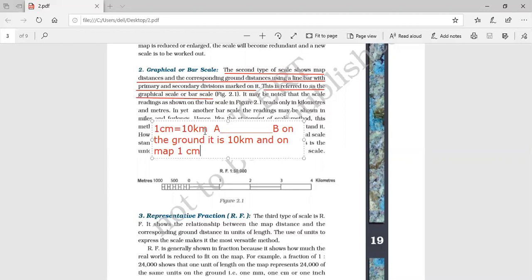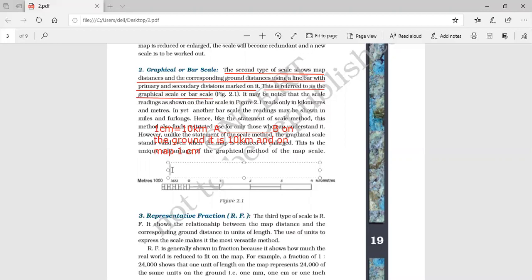But in case of RF, we can't do it like this. In case of RF, we call it representative fraction.